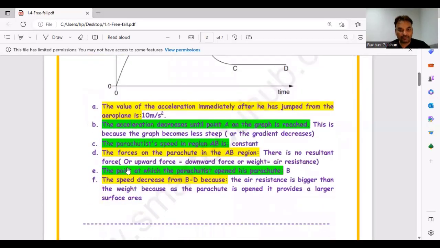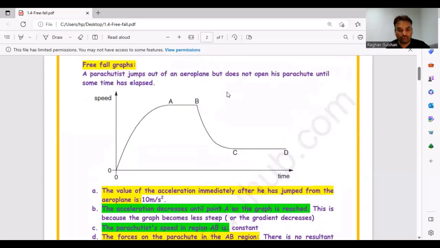And then the force on the parachutist in the region AB: there is no resultant force. There is no resultant force on the parachutist, meaning the downward force due to the weight of the parachutist is balanced by the upward force by the air pressure. So the resultant force on the parachutist between A and B is zero, right?